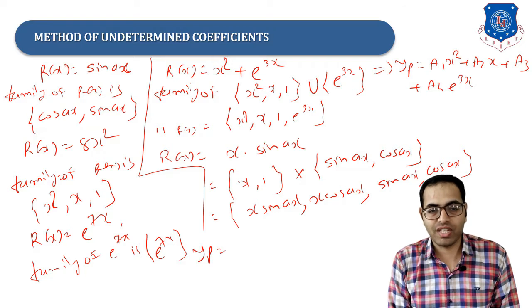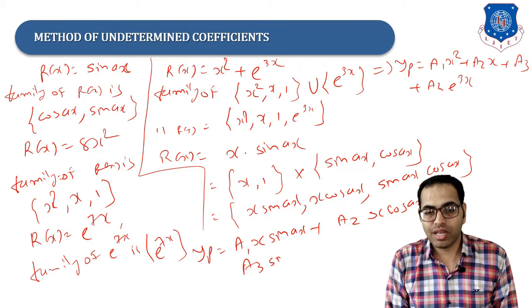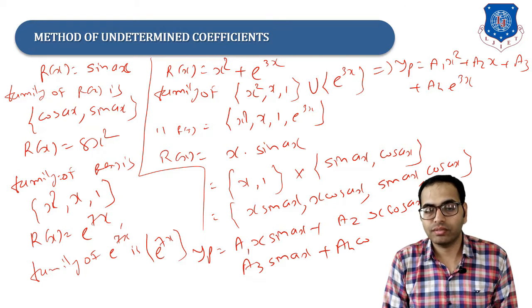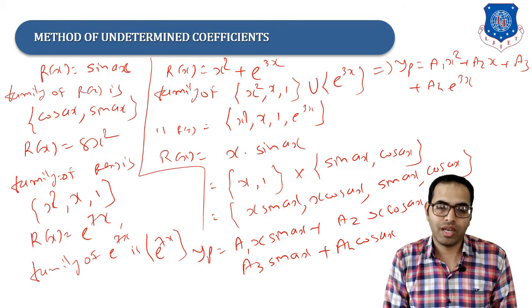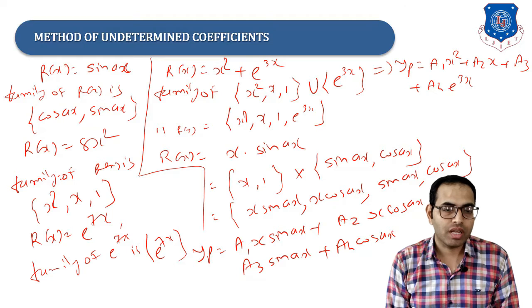Now our yp is whatever family member is multiplied with an undetermined coefficient, so yp = a1x sin ax + a2x cos ax + a3 sin ax + a4 cos ax, where a1, a2, a3, a4 are undetermined coefficients.